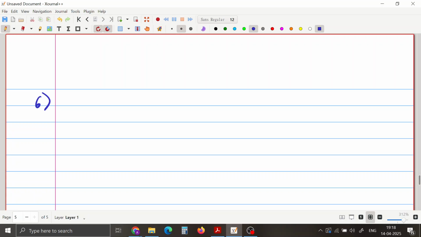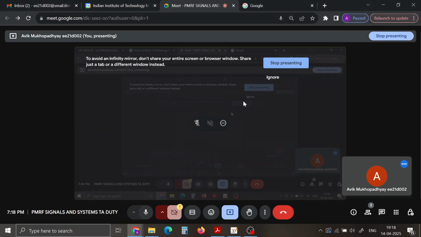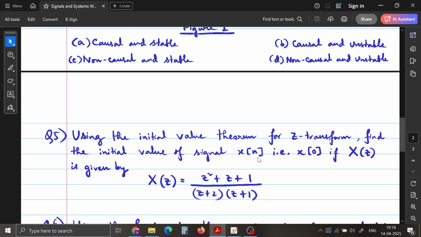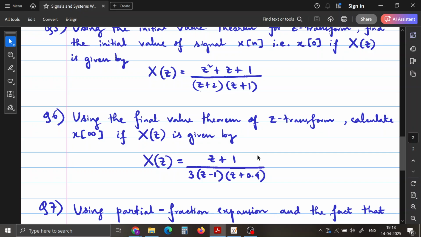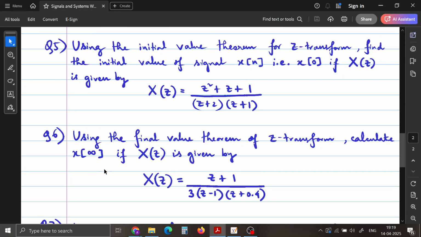Now moving to the next question. This is the 6th question here. So now we will explore the final value theorem. We have seen the initial value theorem.